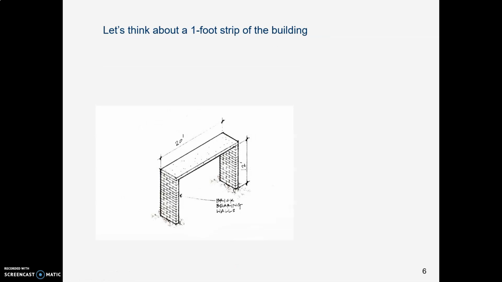Well, that's because when we're thinking about loads coming down a building, we don't worry about how deep it is, because we can just think about what is happening on each 1 foot of building. So this 1 foot of building is doing just the same thing as the next 1 foot of building and so forth. And we think about these weights in pounds per square foot, or sometimes pounds per square inch.